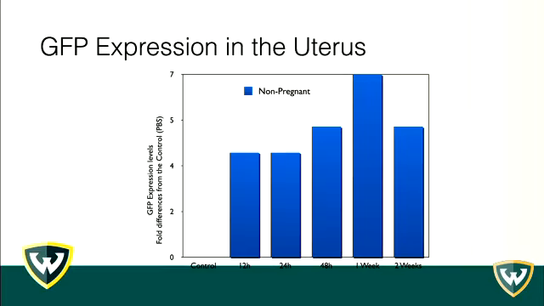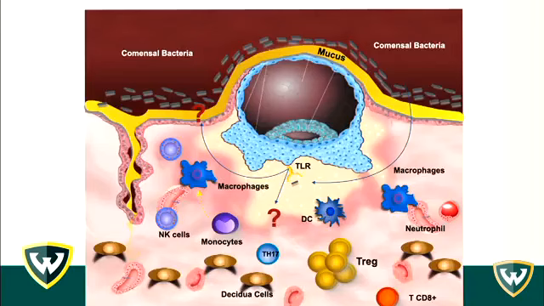So the uterus has a very strong mucosal immunity, capable of regulating the amount of bacteria present in the uterus. So this is really a summary of what we know today in terms of the immunological and bacterial condition in the uterus.